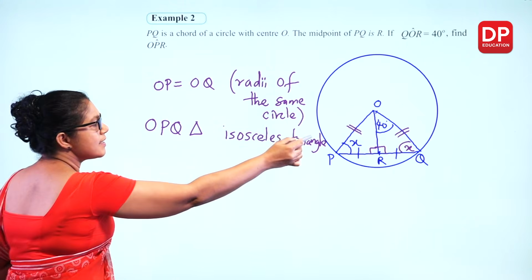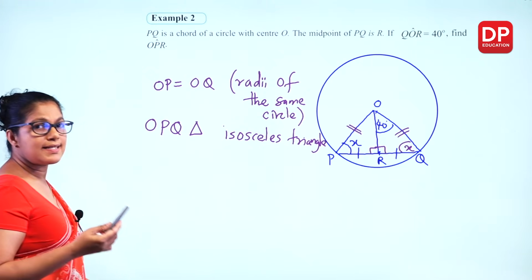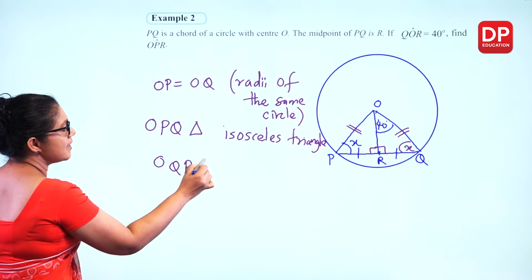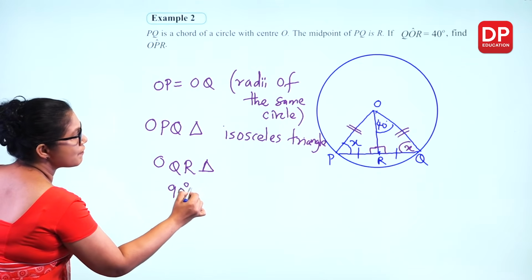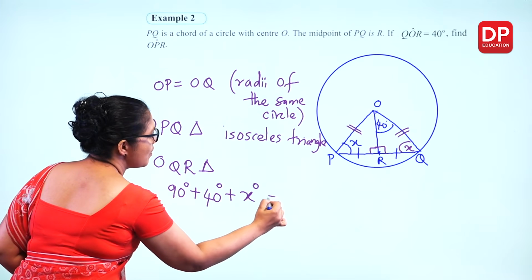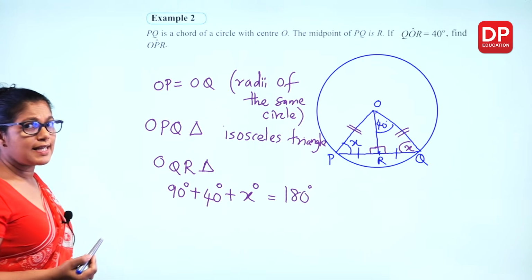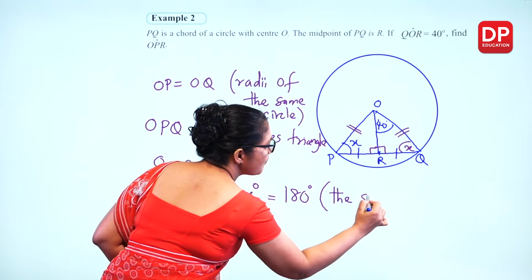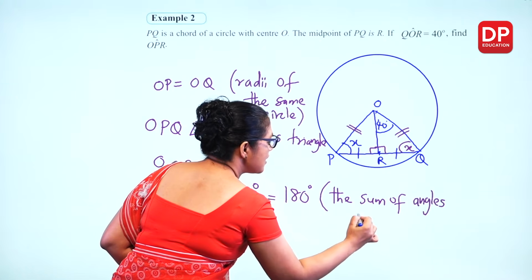So look at the small triangle and we can use the sum of angles in the triangle. When you look at triangle OQR, we can say 90 plus 40 plus x is equal to 180. What's the theorem? The sum of angles in a triangle.